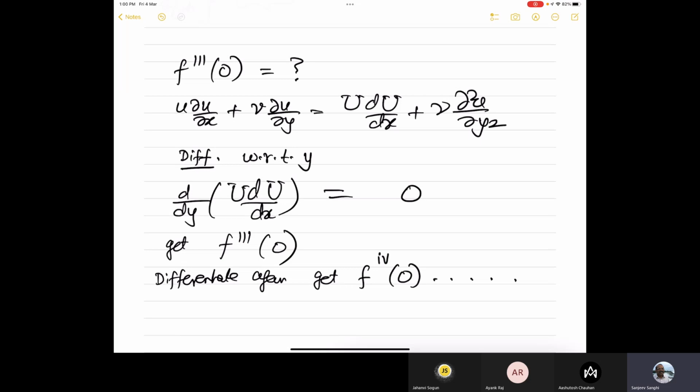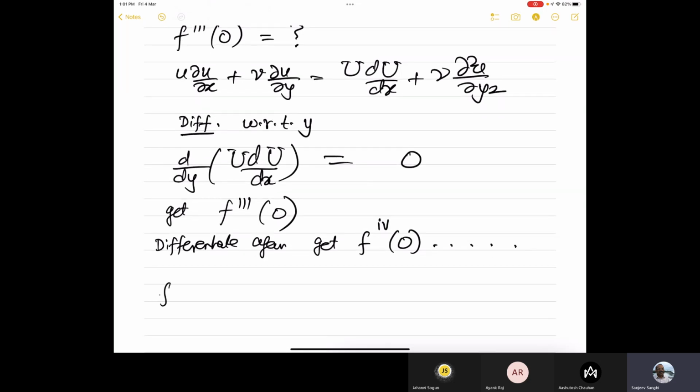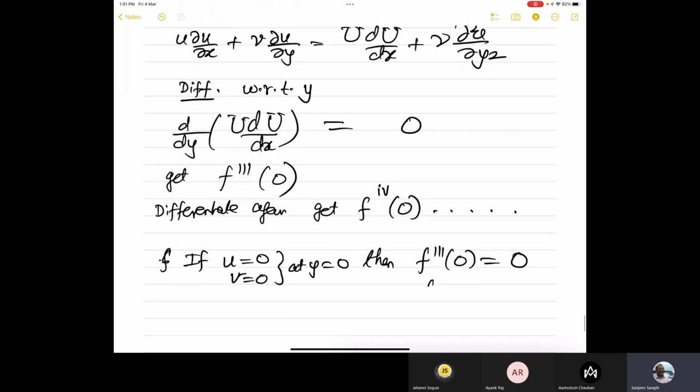Of course, this will be straightforward to find if u and v are 0 at y is equal to 0. What you will be able to show is, if u is equal to 0 and v is equal to 0 at y is equal to 0, then f triple prime of 0 will be 0, and the fourth and all these will keep on giving us zeros.